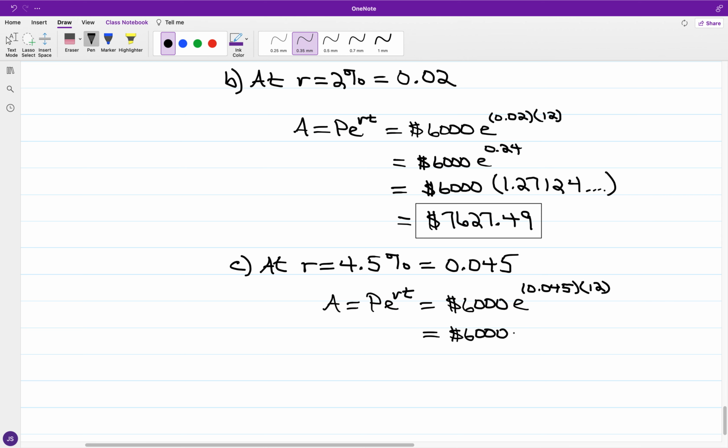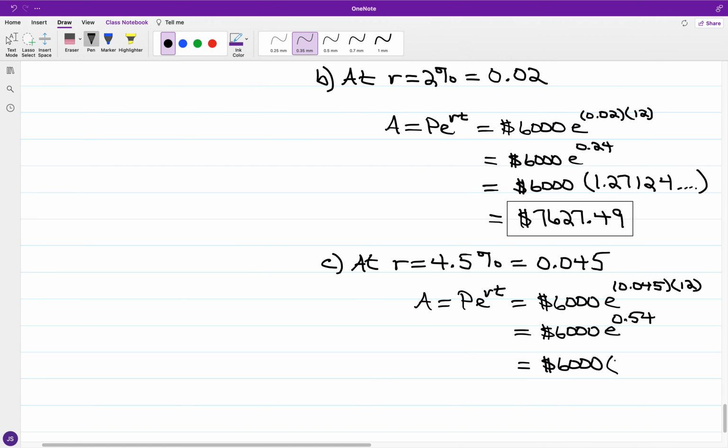Okay, so I have $6,000, and for R times T, that's going to be 0.54. And for this number, we got just over 1.7.